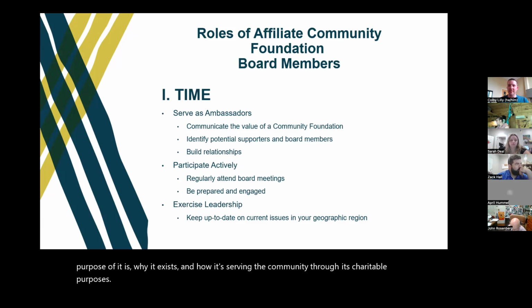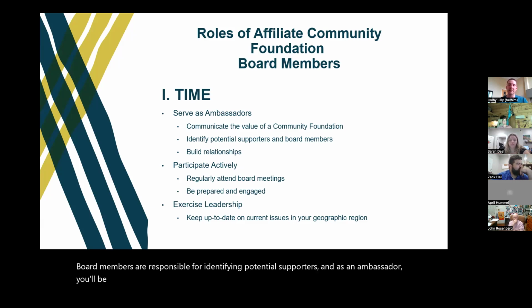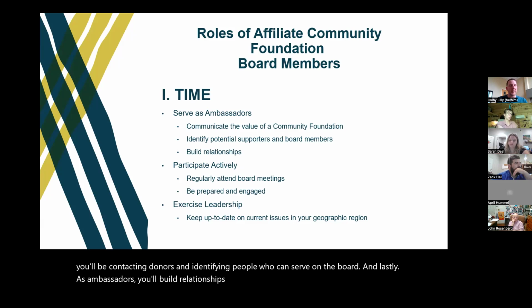Also, in serving as an ambassador, board members are responsible for identifying potential supporters, and as an ambassador, you'll be contacting donors and identifying people who can serve on the board. And lastly, as ambassadors, you'll build relationships, and these can be relationships with other entities and organizations, as well as individuals who will support the activities of your affiliate.